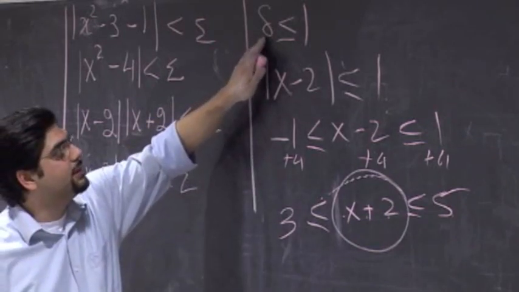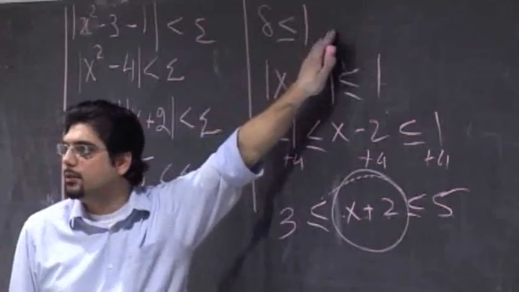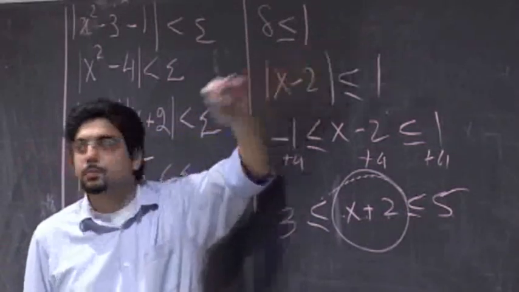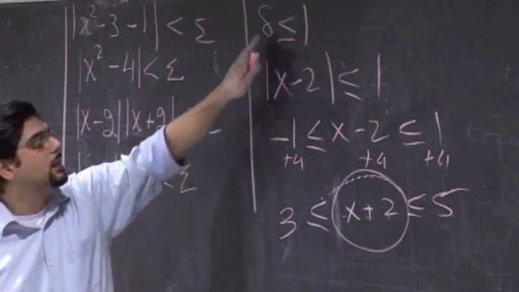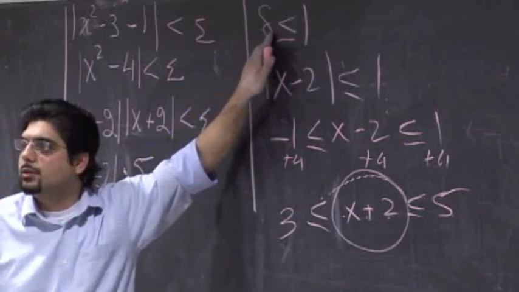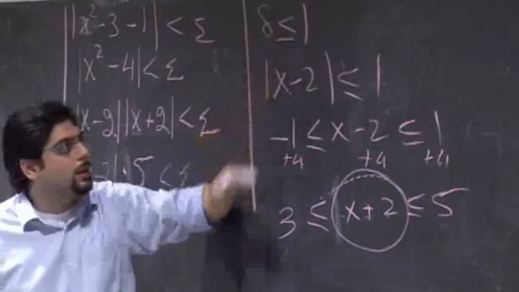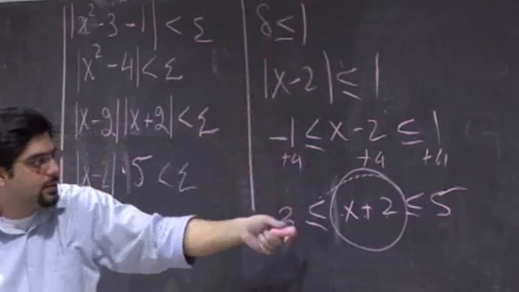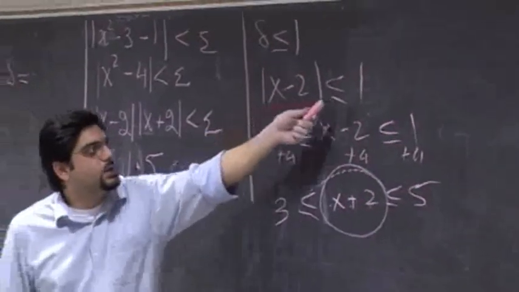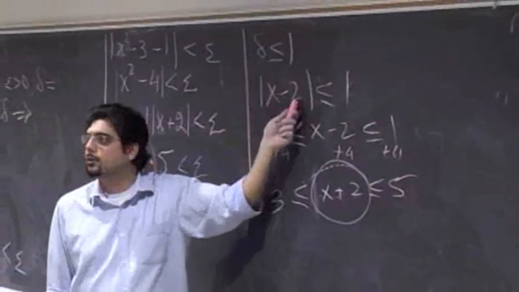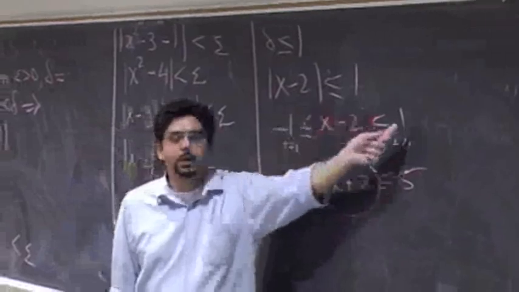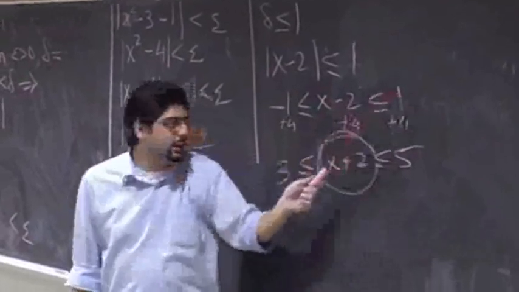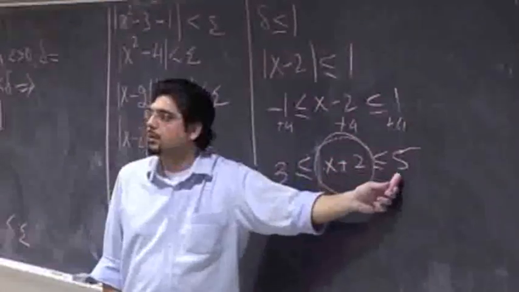Because if we say that delta is less than or equal to 1, we can pick any delta that works. And to simplify our process, let's say delta is less than or equal to 1. Then that tells us that x is within 1 unit of 2, so x minus 2 is between -1 and 1. That tells us that x plus 2 is between 3 and 5.